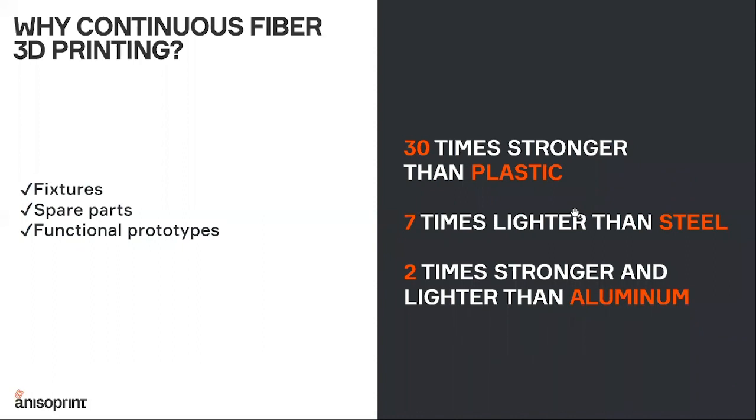And there are wide applications in load-bearing parts such as tool jigs and fixtures, or custom spare parts, or functional prototyping. And in future, of course, we all believe that these materials and these technologies will be able to print functional end-use parts, but for that we need to ensure that these technologies and these materials are properly certified, and we know exactly how to design, and what the properties and the behavior of these materials are under different conditions.